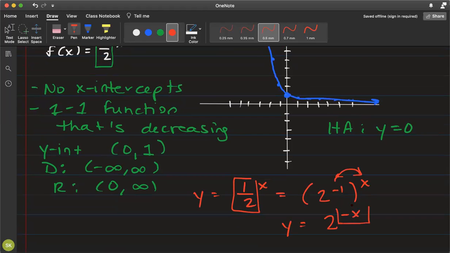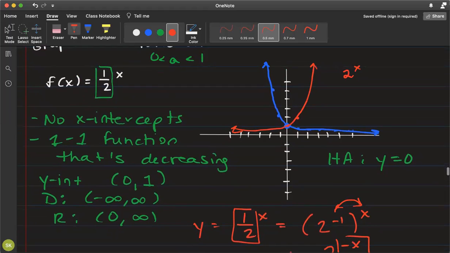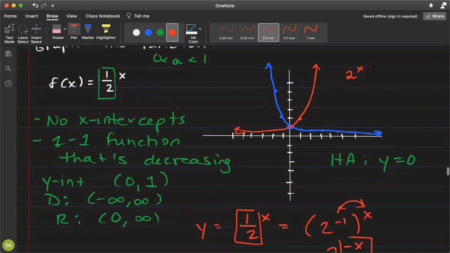And then I have a negative inside here. You can think of the function we drew before, 2 to the x, as a parent function. Plugging in a negative inside that function corresponds to a flip about the y-axis, and then you get this function here, 2 to the negative x, which is what we have.